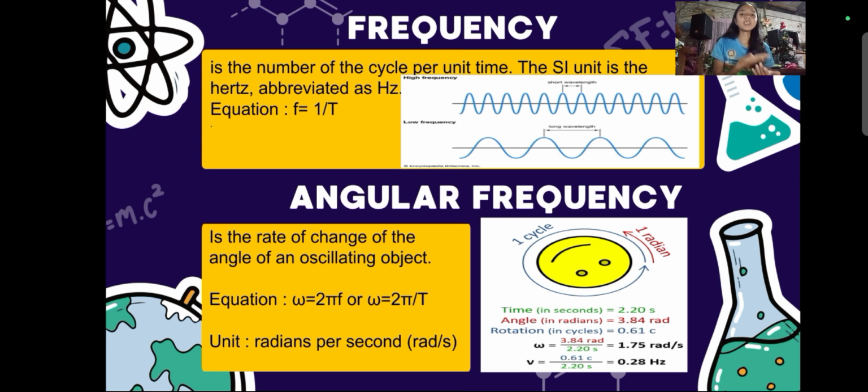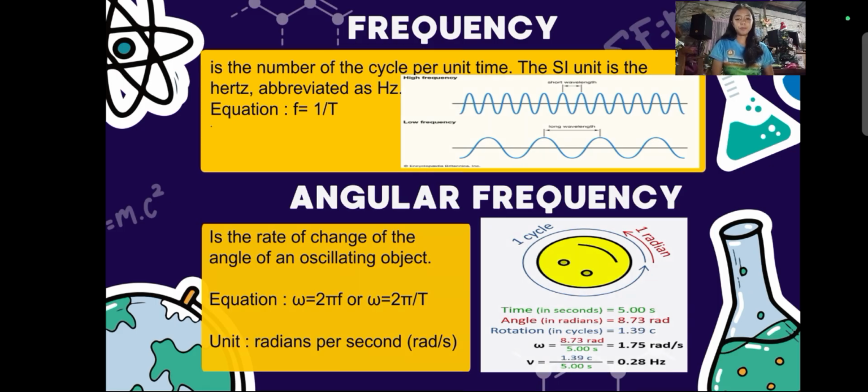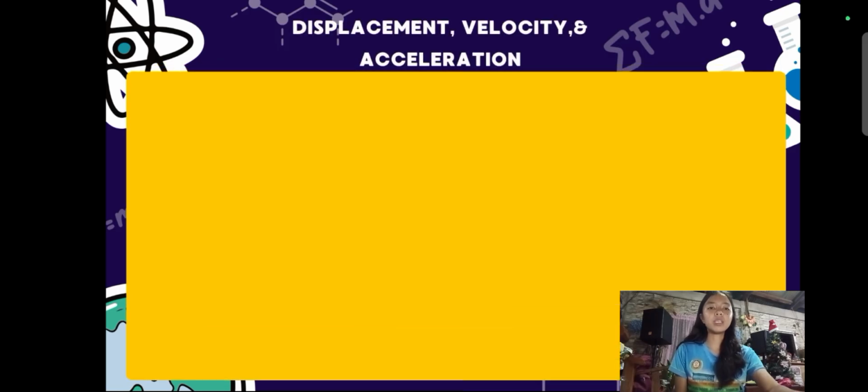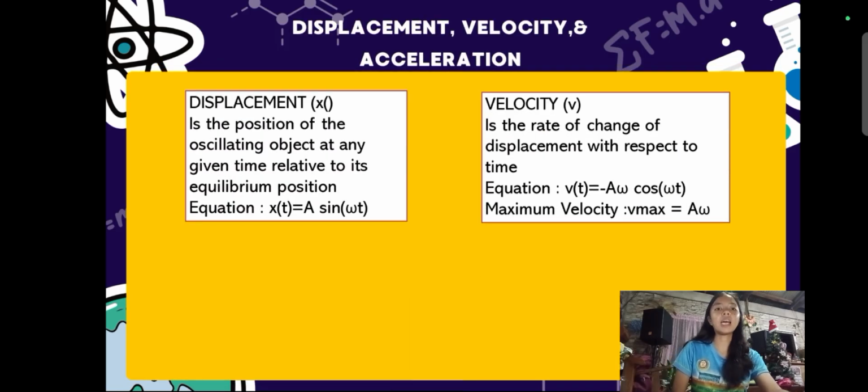It basically connects circular motion and the oscillating system. Who among you still remembers circular motion? The angular frequency is the one that connects the two of them, the circular motion and the oscillating system.